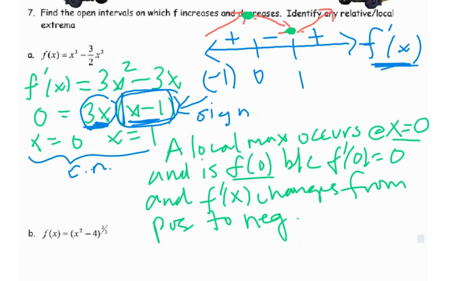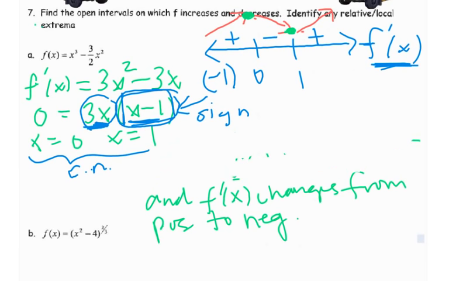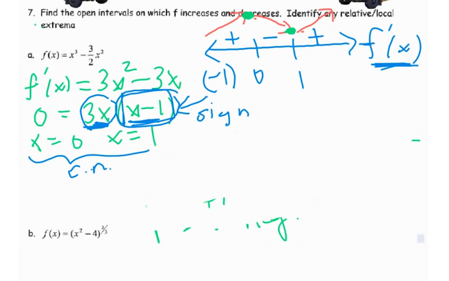And then likewise, you might want to stop the video and write up your local minimum to see if you can do that. I'm going to erase what I wrote here, and I'm going to write my sentence for what I would say for the local minimum.